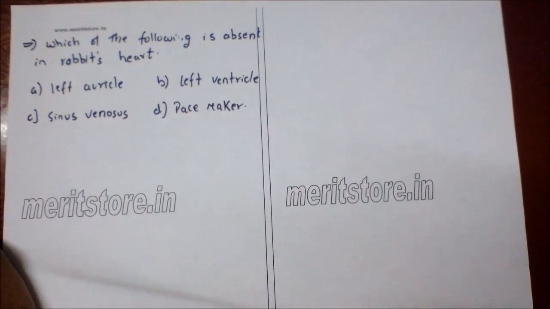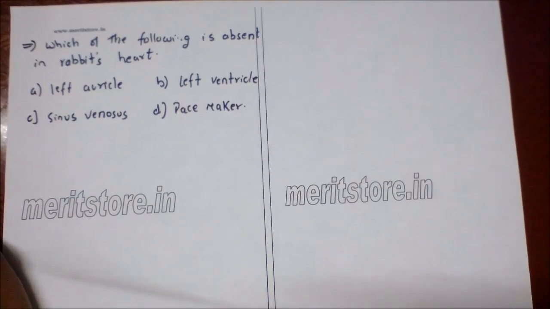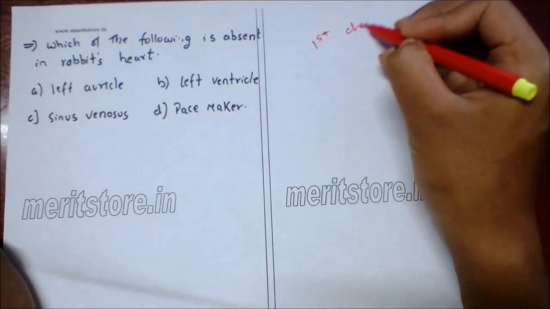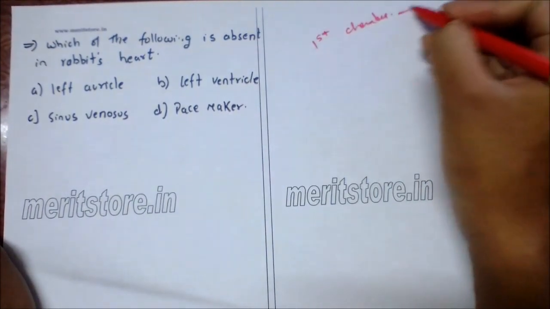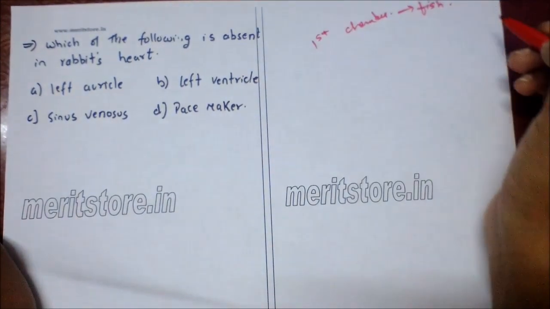Which of the following is absent in rabbit's heart? A. left auricle, B. left ventricle, C. sinus venosus, D. pacemaker. So the sinus venosus is the first chamber in fishes, that is Pisces, amphibia and reptiles.